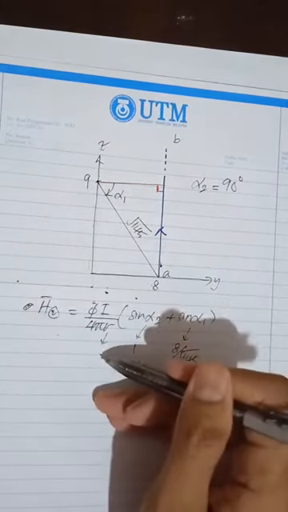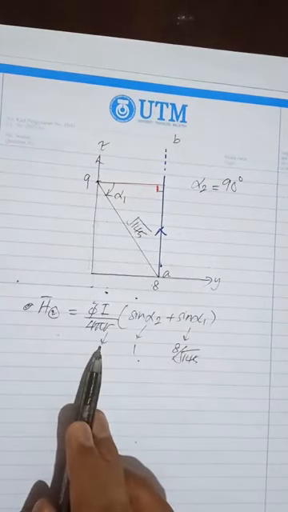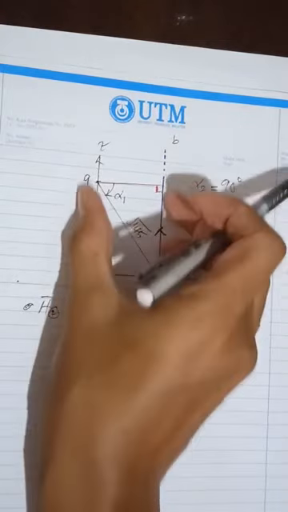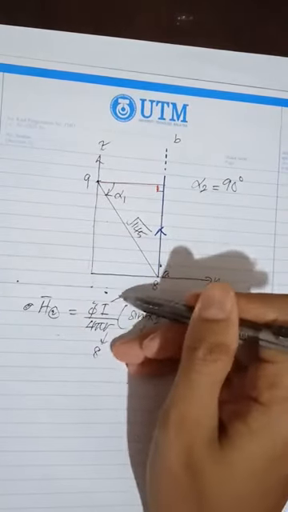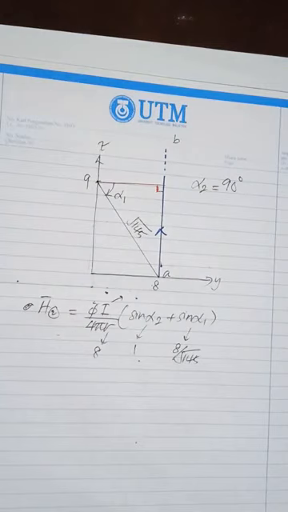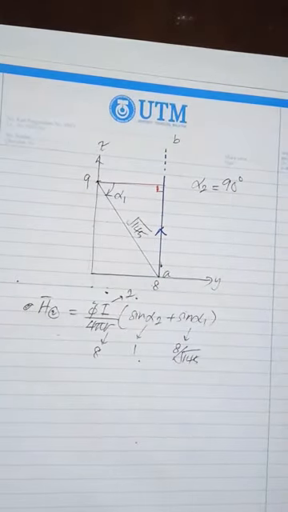And the R here, how long is R? R is the distance perpendicular from the line current to the point of interest, in this case 8. So here change to 8, and the current is given as 2 ampere. So let's substitute all the values.